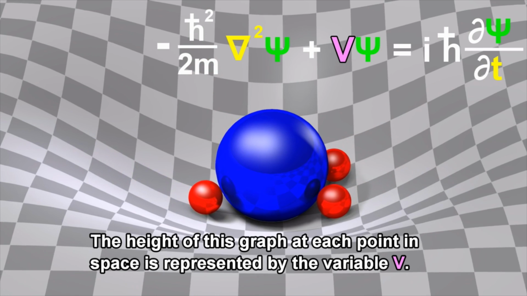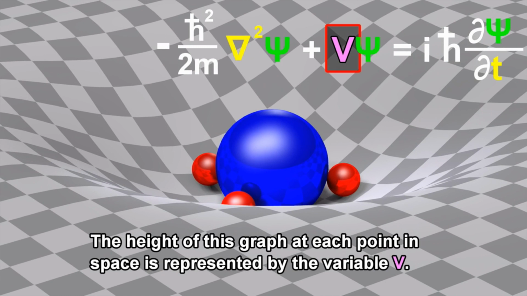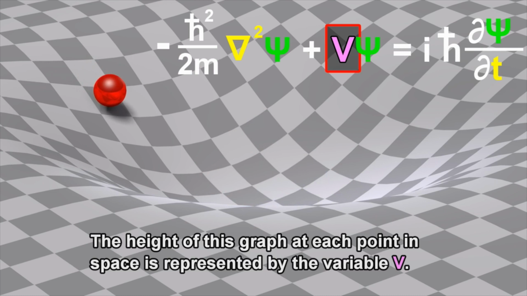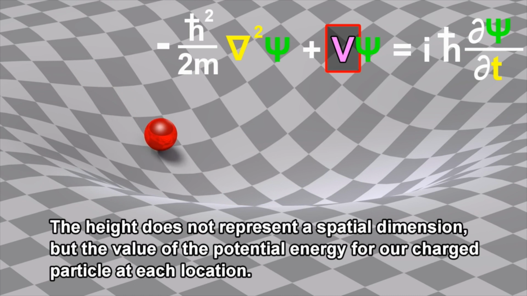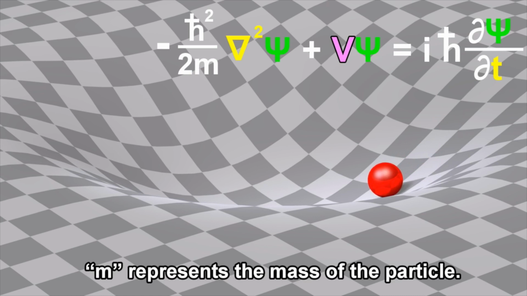The height of this graph at each point in space is represented by the variable V. The height does not represent the spatial dimension, but the value of the potential energy for our charged particle at each location. And m represents the mass of the particle.